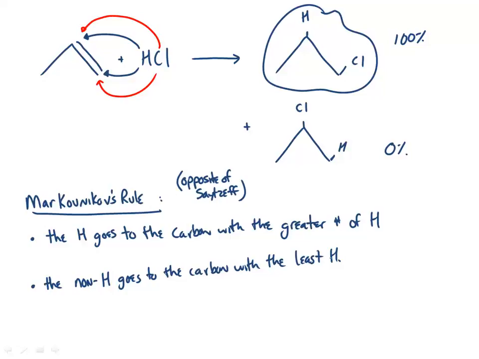And the reasoning behind that is much the same as the reasoning behind Zaitsev's rule. And the reason why the rules are kind of opposites is, remember, in Zaitsev's rule, we're eliminating something, right? We're removing it from the molecule. Whereas in Markovnikov's rule, we're adding it to the molecule. And so removing and adding are kind of opposite processes, right?